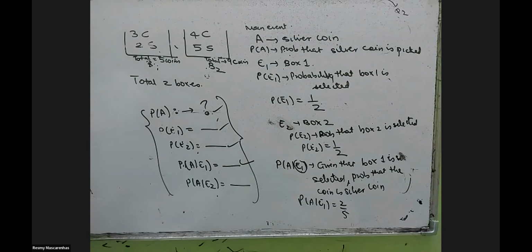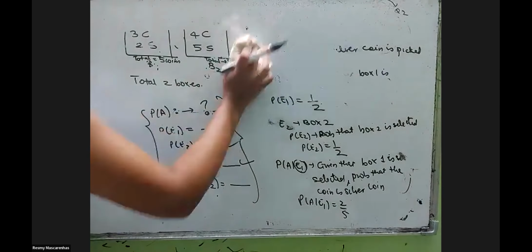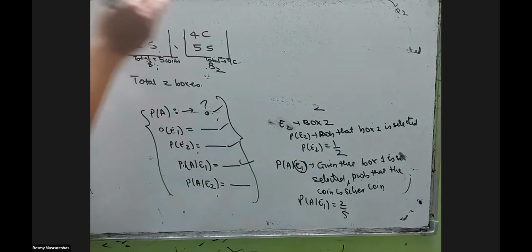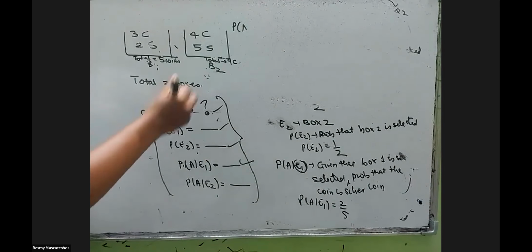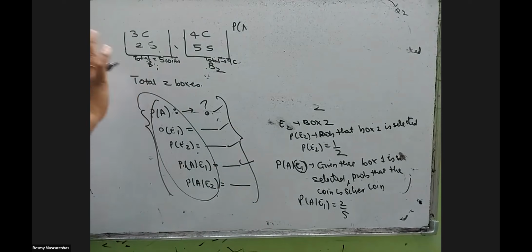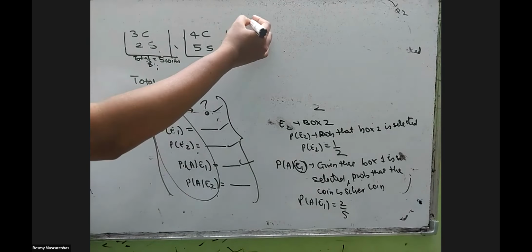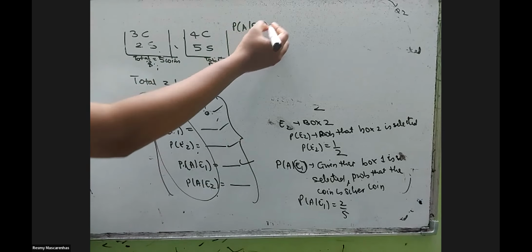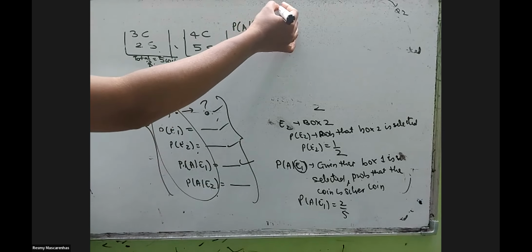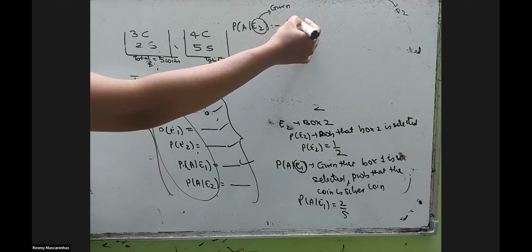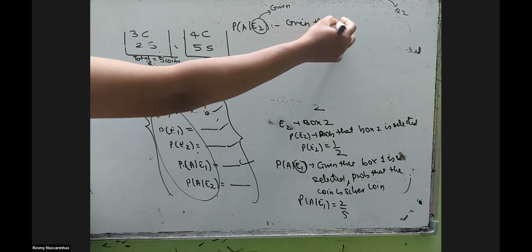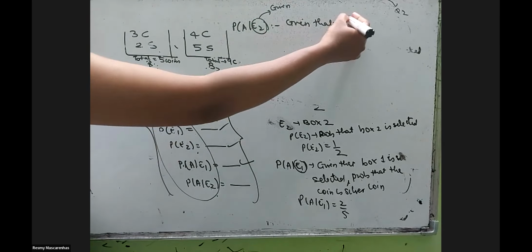Now move to this step. Next is P of A upon E2. If you memorize this order, all the problems will become simple because you just have to read them. You always have to read it this way: given that. Given that, what is E2? E2 I have taken for box 2.